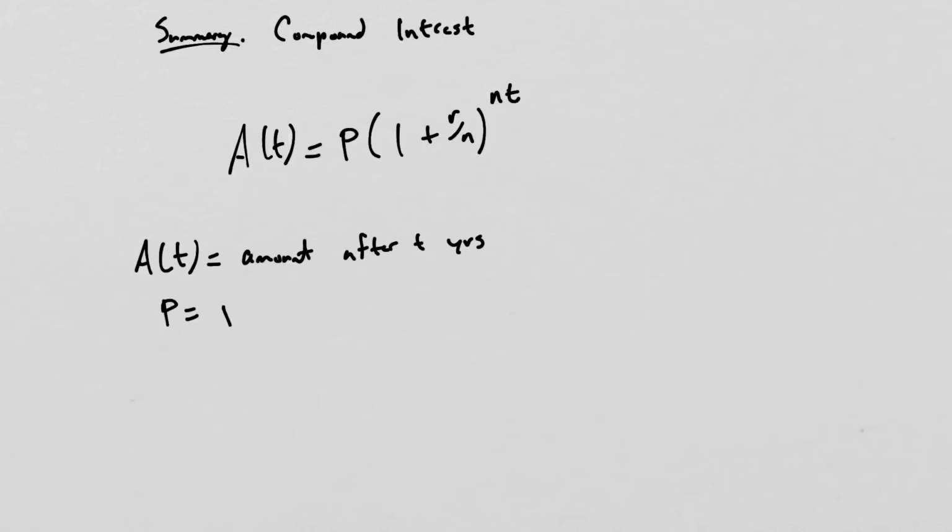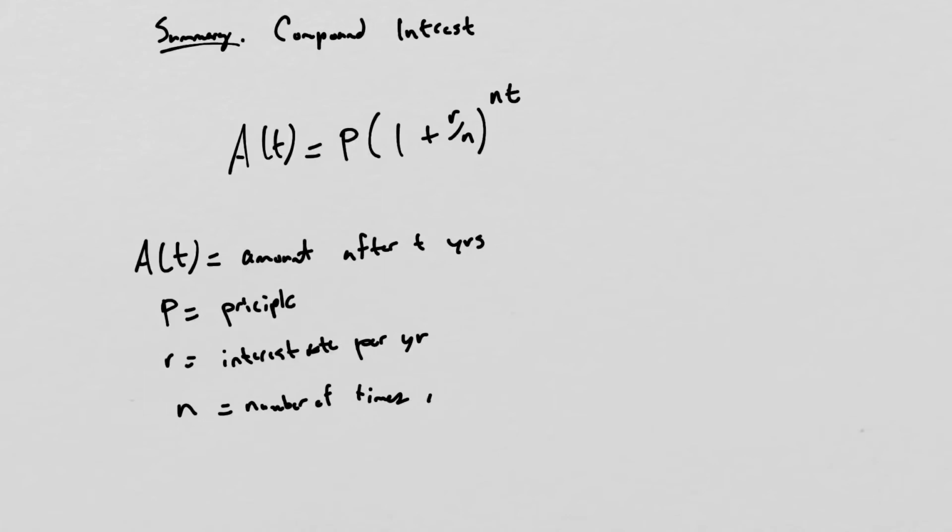P is our principal. R is the interest rate per year. N is the number of times interest is compounded per year. And T is the number of years.